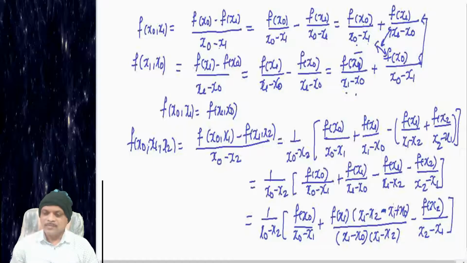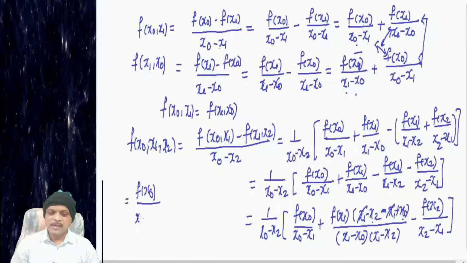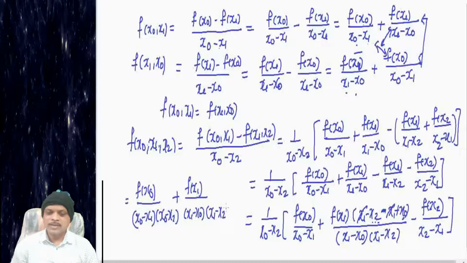Now here x1 gets cancelled, and here look at this, x0 minus x2. Then this is equal to f of x0 divided by x0 minus x1 into x0 minus x2, plus, and this x0 minus x2 will be cancelled, and we get f of x1 divided by x1 minus x0 into x1 minus x2.